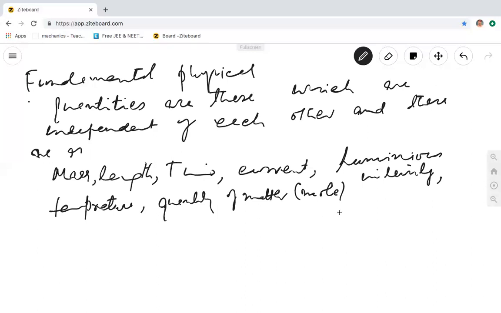So how many in all? Mass, length, time, current, luminous intensity, temperature, quantity of matter. So 1, 2, 3, 4, 5, 6, and 7. Yes, there are 7 in all.